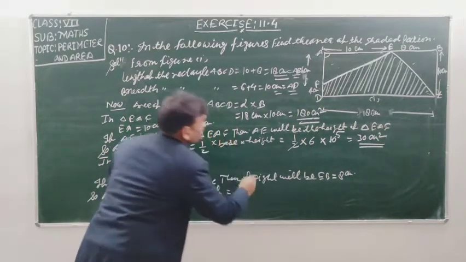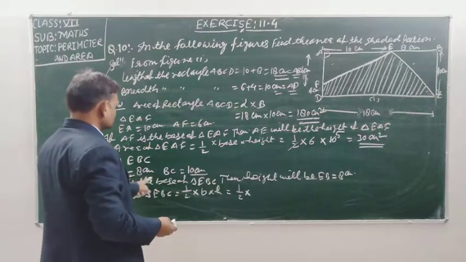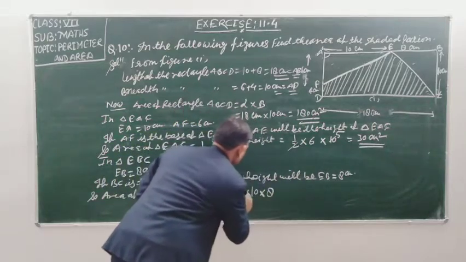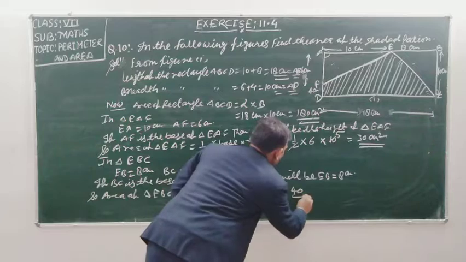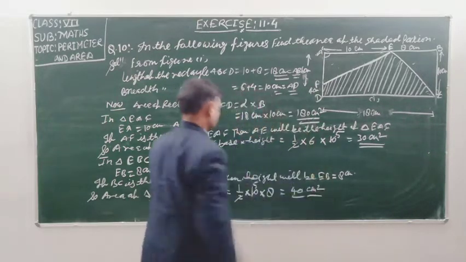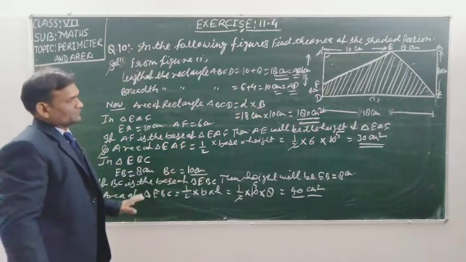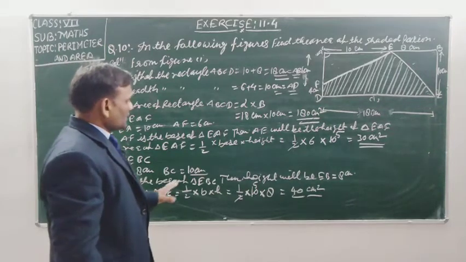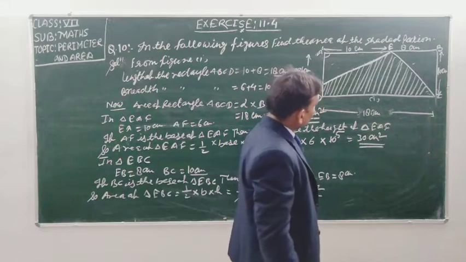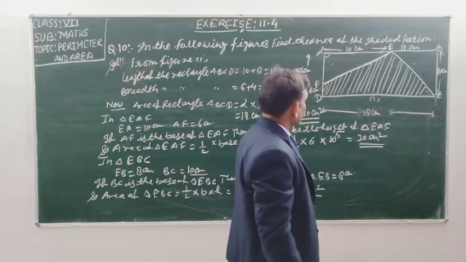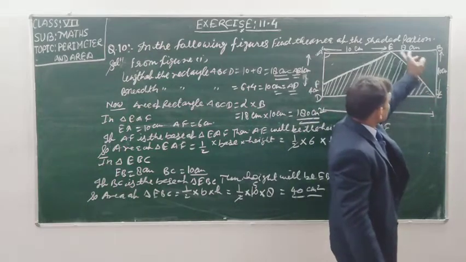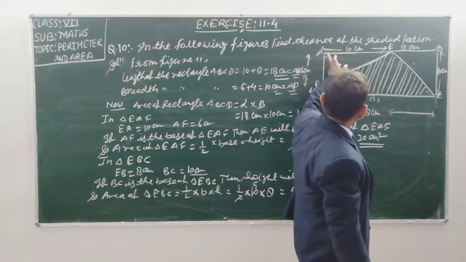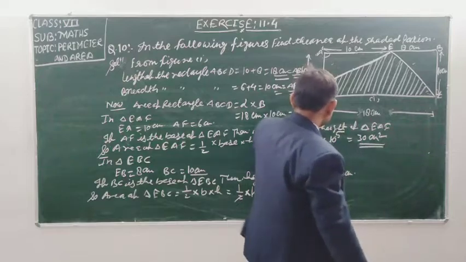Base, you are assuming BC, and BC is equal to 10 centimeter, into height EB equal to 8 centimeter. 2 fives are 10, 5 eights are 40 centimeter square. 40 centimeter square is the area of this triangle EBC, and 30 centimeter square is the area of triangle EAF.